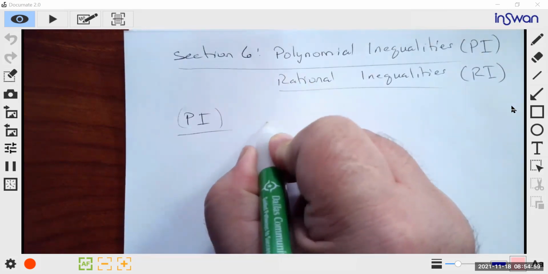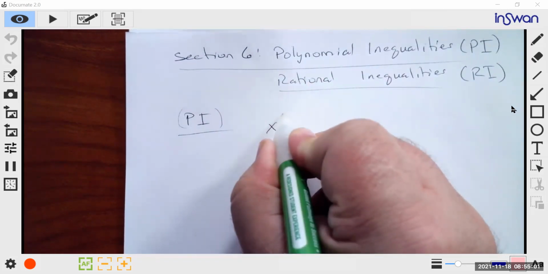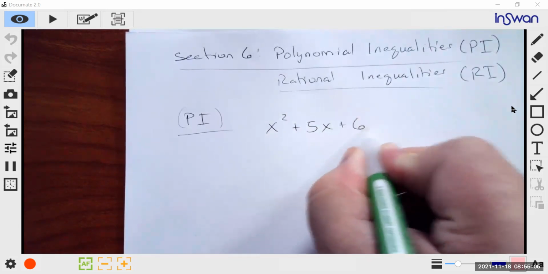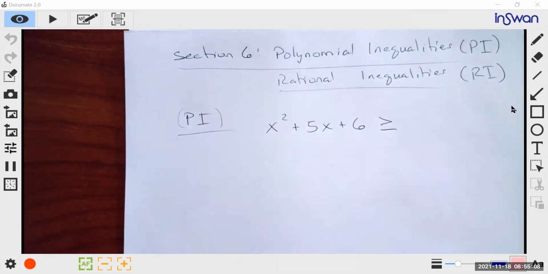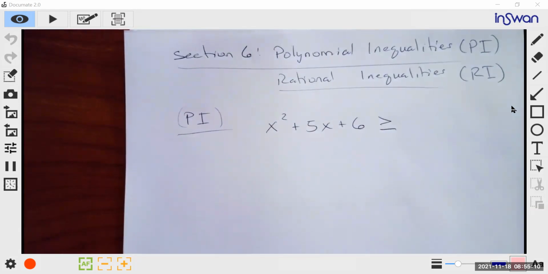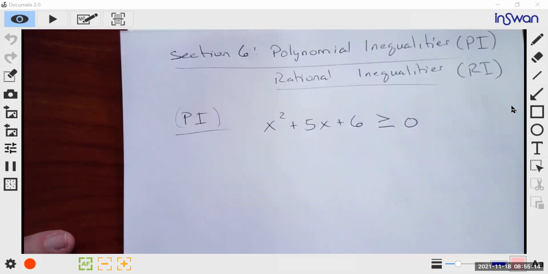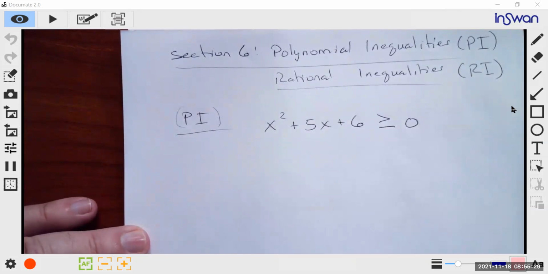So let's look at one we have already. We know already what it looks like. As a general rule, all polynomials, whenever you solve them, have to have 0 on one side.